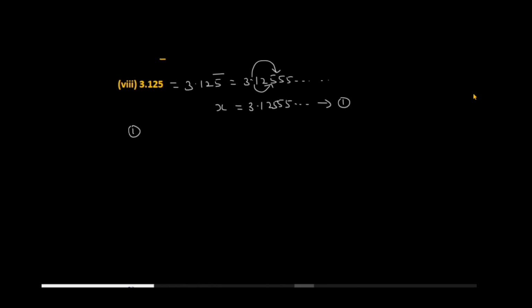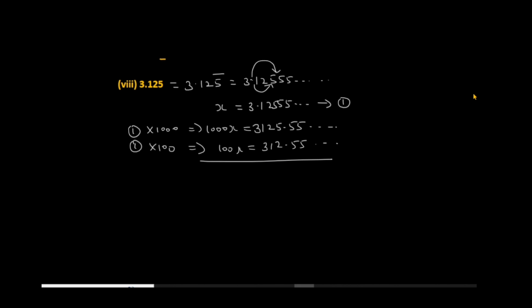Three digits means multiplying with 1000, so 1000x is equal to 3125.55 etc. Then two decimals means multiply with 100, so 100x is equal to 312.555 etc. And subtract and cancel the decimal part.